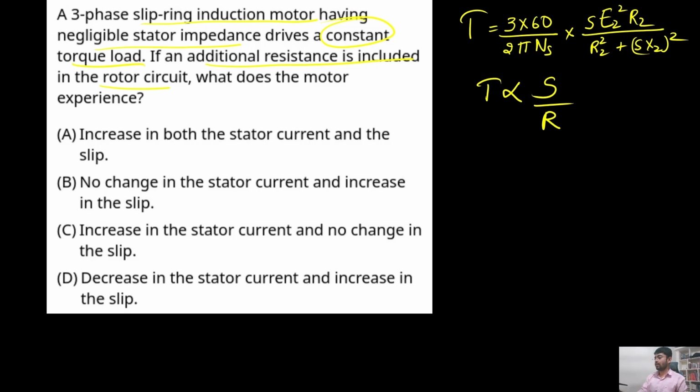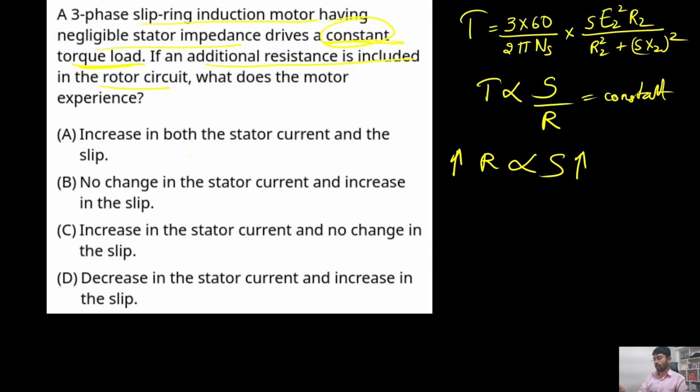So what is given? Constant torque load. So when torque is constant, R becomes proportional to slip. So whenever resistance in the rotor is increased, the slip will also increase.